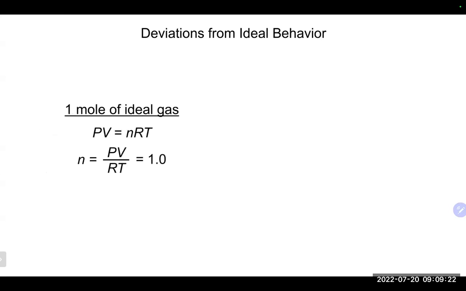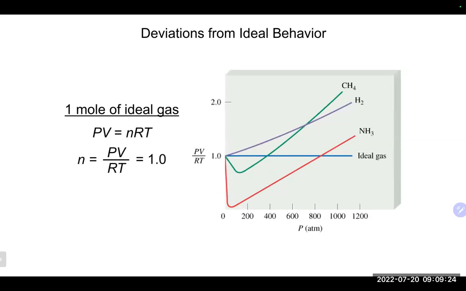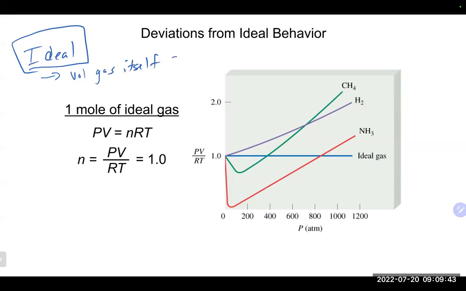All right, so the last thing we're going to talk about here is deviations from the ideal gas. Remember that we talked about last time, in most situations we deal with ideal gases, and the two main things that make something an ideal gas is the idea that the volume of the gas itself is thought of as being negligible or zero in comparison to the container it's in.